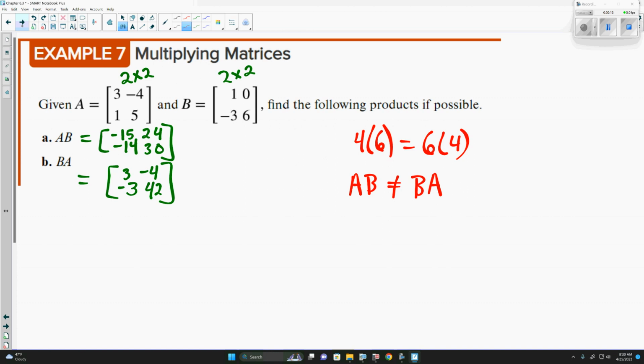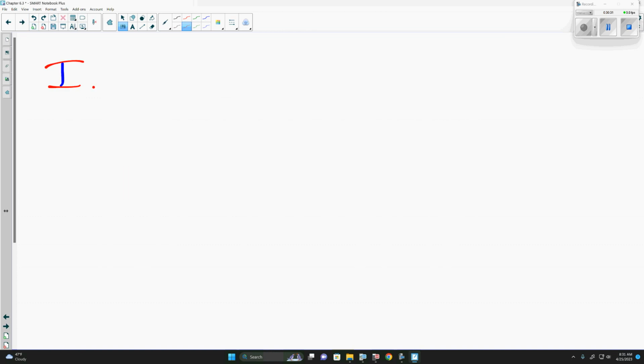Now there is only one case when we can multiply two matrices in either order and get the same thing, and that is if they are inverses. Because if they are inverses of each other, their products will work out to be the same. The only other one that works this way is the identity matrix, which is our matrix with the diagonal of ones and everything else is 0.